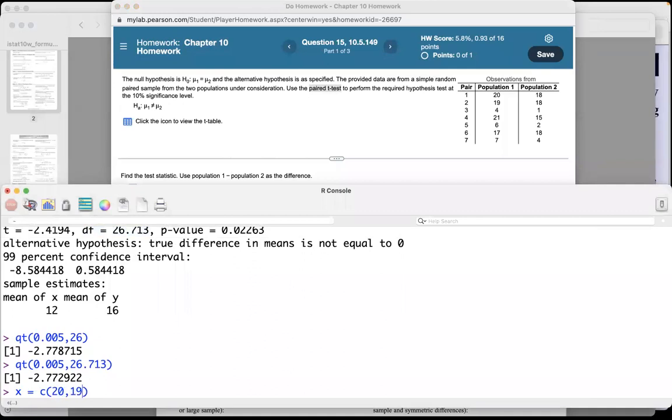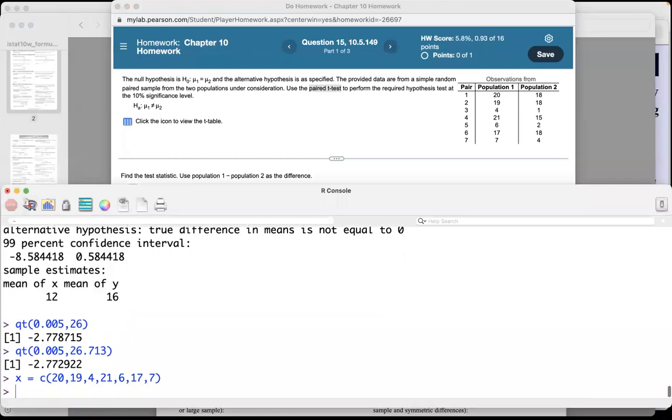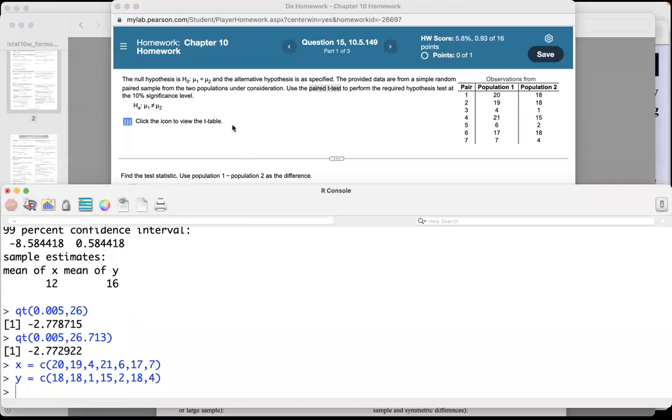So x is 20, 19, 4, 21, 6, 17, and 7. And y is going to be the values 18, 18, 1, 15, 2, 18, and 4. Let me just double check that I did this right. Perfect. So those are our data sets.